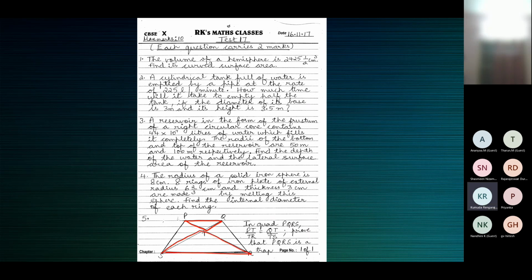In these two triangles, we have a proportion: PT of the first triangle by TR of the second triangle is equal to QT of the first triangle by TS of the second triangle. Here, PT of the small triangle by TR of the big triangle is equal to QT of the small triangle by TS of the big triangle. So this proportion applies to these two triangles.